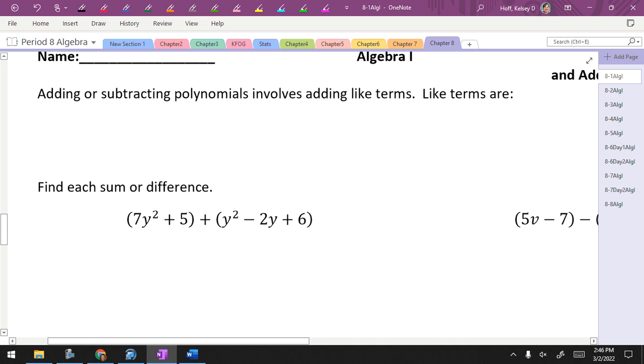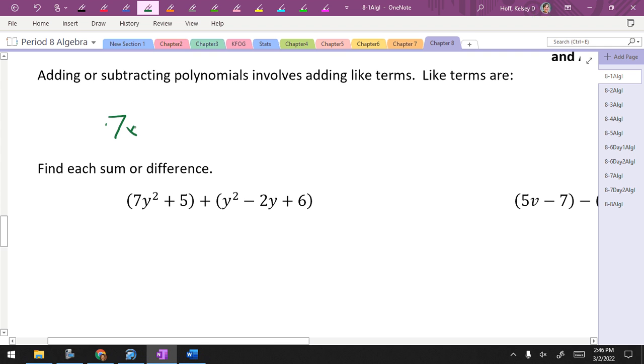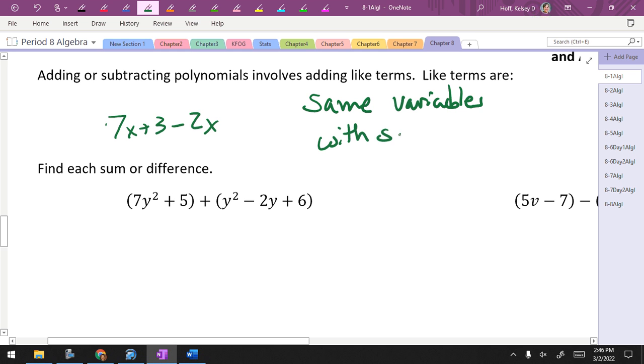So like when you would be solving, it'd be like 7x plus 3 minus 2x. Which ones are like terms? 7x and 2x. They both have an x to the first power. Follow me? So same variables with same exponents.